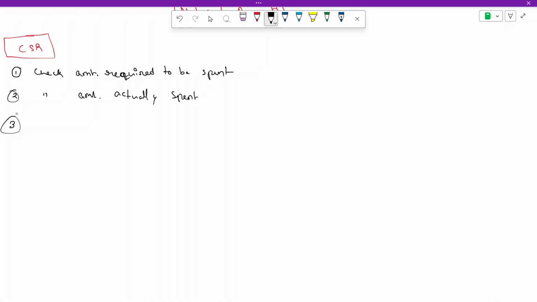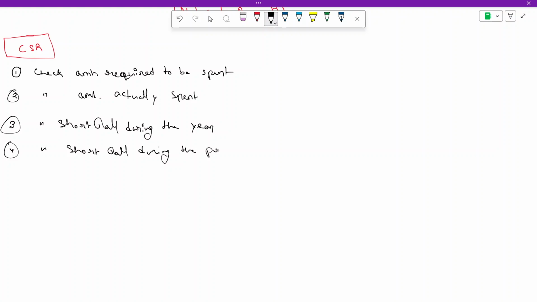Third will be check shortfall during the year. Check shortfall during the previous year.